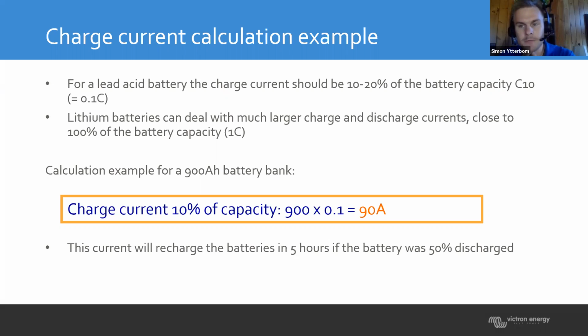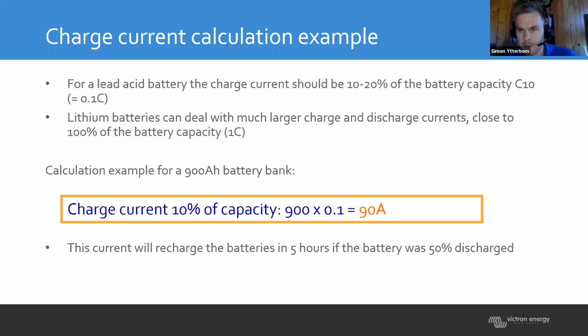An AGM can go up to usually 20 amps for a 100 amp hour battery, but certain high capacity AGMs can go much higher. Lithium can take virtually anything that you give to it. You can charge it in 30 minutes if you wanted to, but recommended is around 30 percent. But we can increase that if needed.